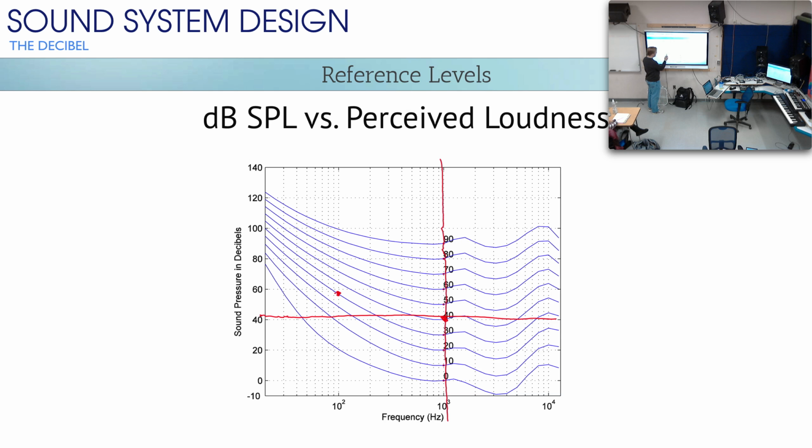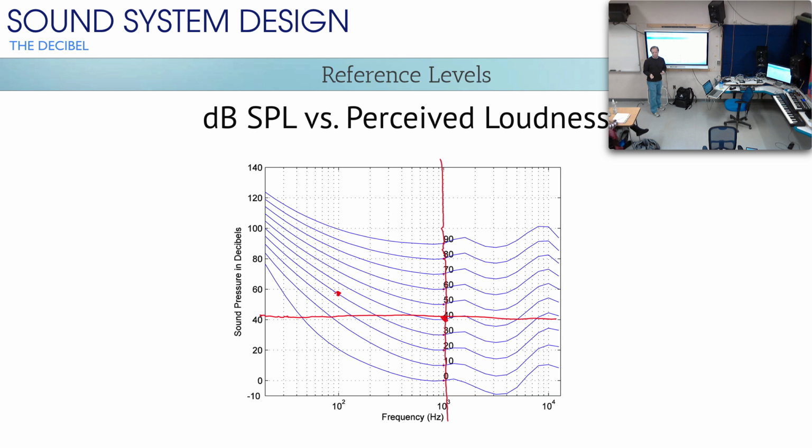So 100 hertz would have to be almost 60 dB SPL in order to sound as loud as 1,000 hertz. So it has to be almost 20 dB louder than 1,000 hertz. So we are 20 dB less sensitive to 100 hertz than we are to 1,000 hertz.